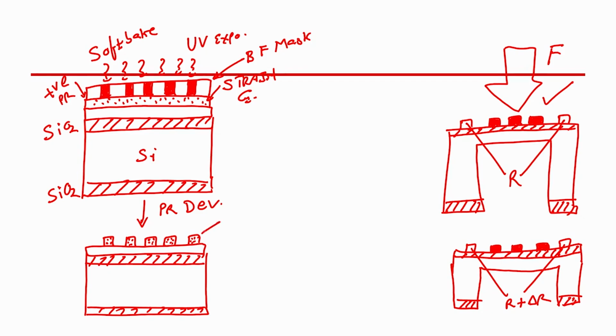So, this is my photoresist, this one is my strain gauge material, this is SiO2, silicon.